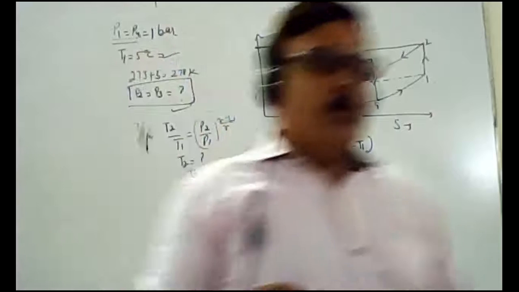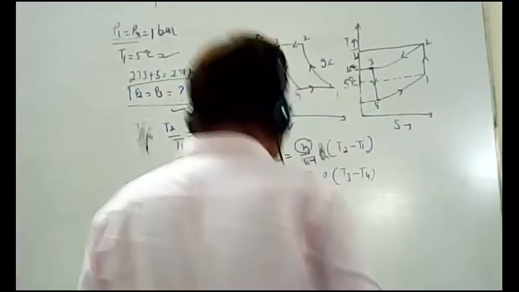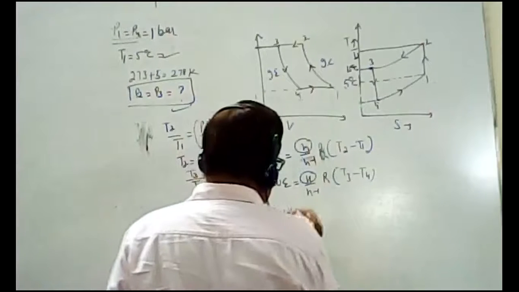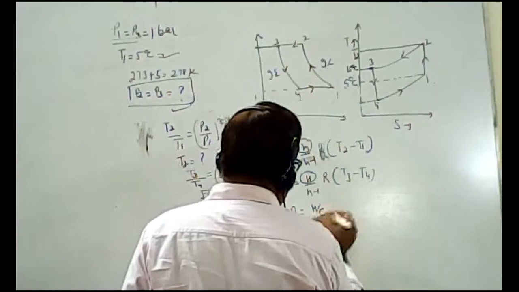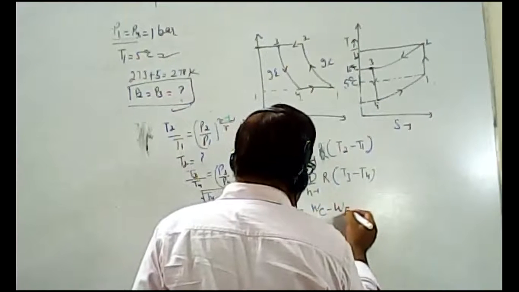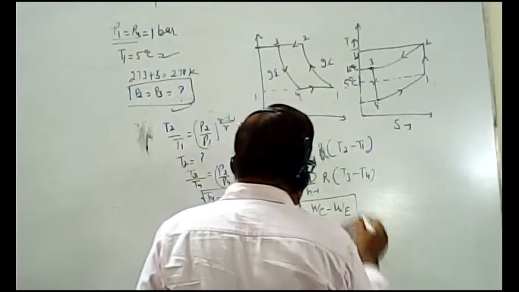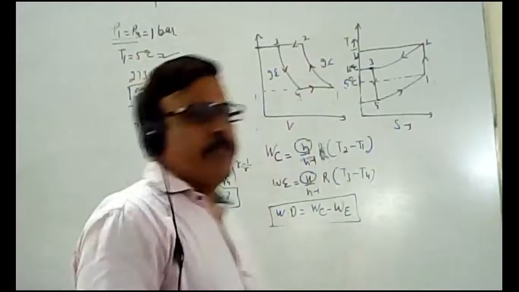Both these values are given. So the final work done, W, is the work done by the compressor minus the work done during the expansion process.